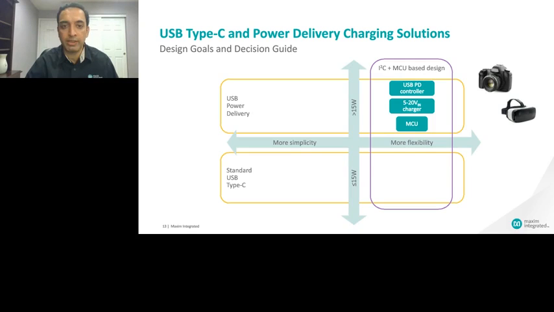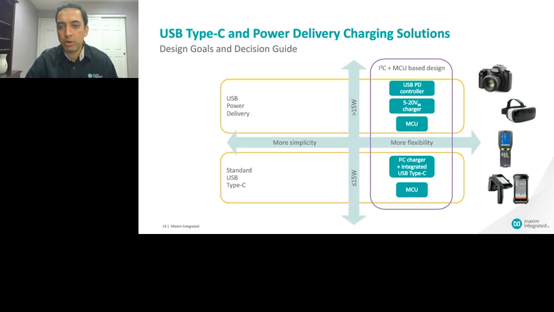In this particular case, you may have 3 separate blocks: the power delivery controller, a charging device, and the MCU for coordinating all the different aspects of your design. Because of power delivery, the power is greater than 15 watts, so you're going to see applications such as a digital camera or a VR headset.